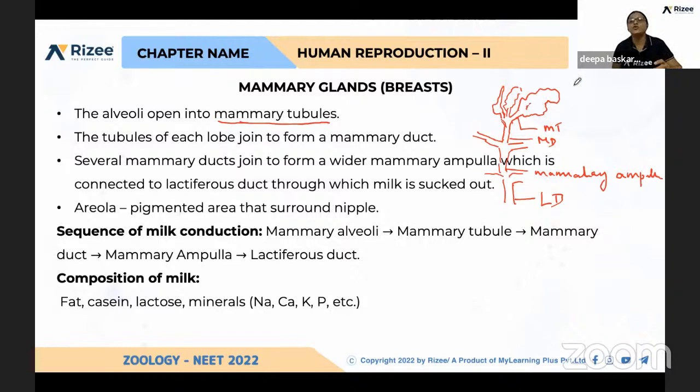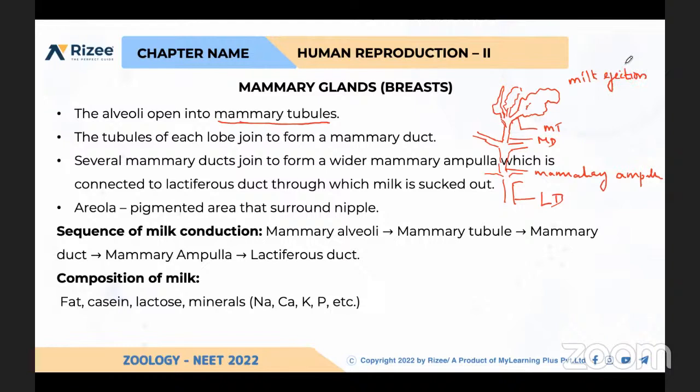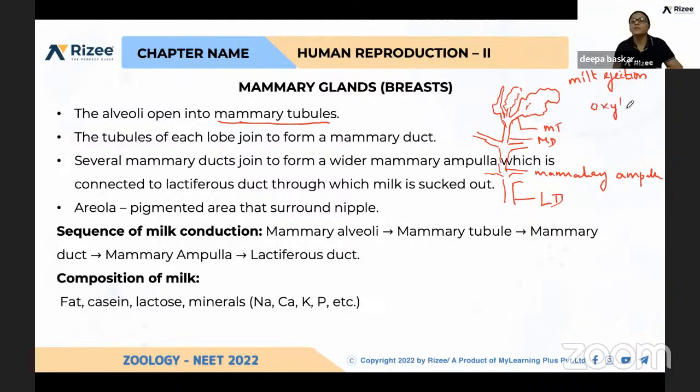Ejection of milk is induced by which hormone? Milk ejection, tell me. Oxytocin. Yeah, very good. Which gland is producing this hormone?